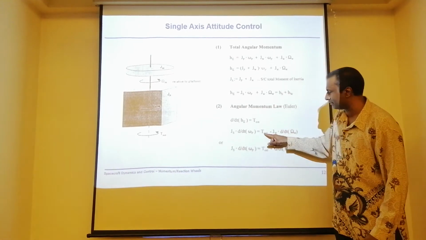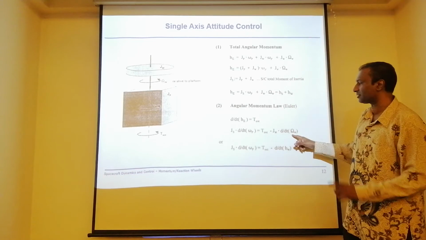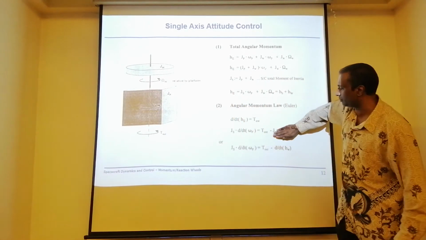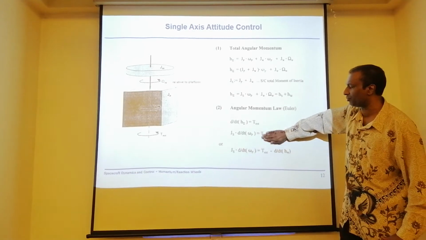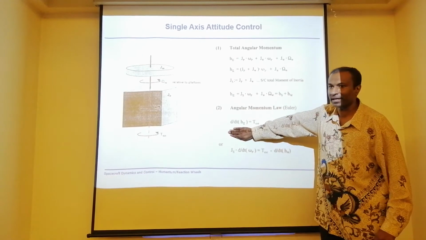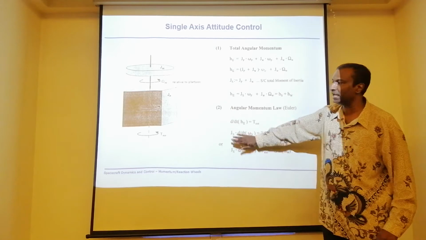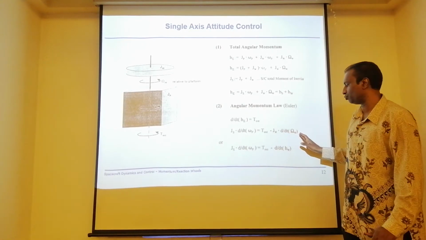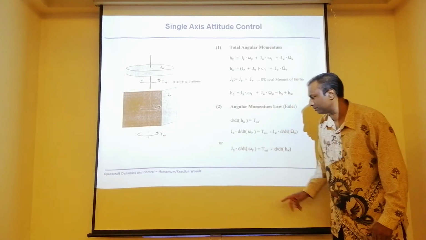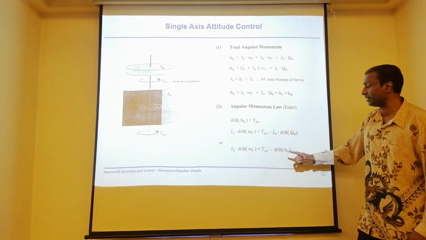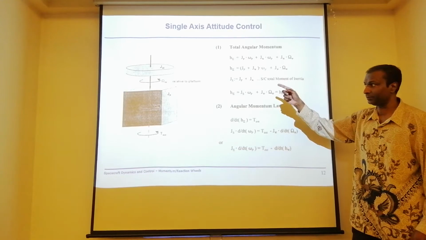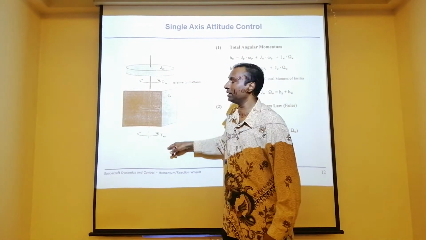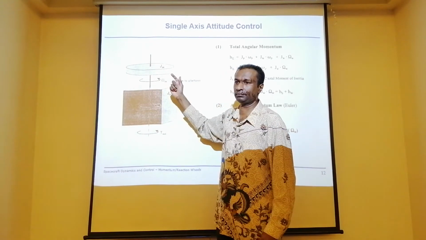Now, when the external disturbance torque is equivalent to the actual torque that the wheel produces, this whole term will be zero. When the whole term is zero, the satellite will not have any motion. It will be perfectly undisturbed. That is what we are supposed to do. So whenever you want to counteract any external disturbance to the satellite, rotate the wheel.